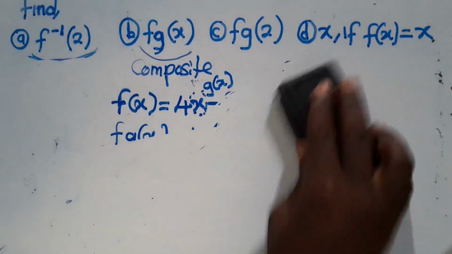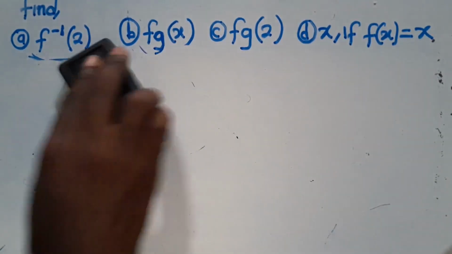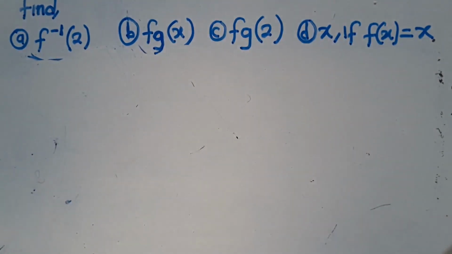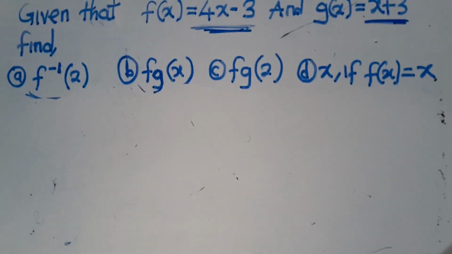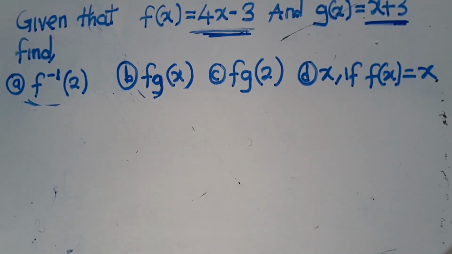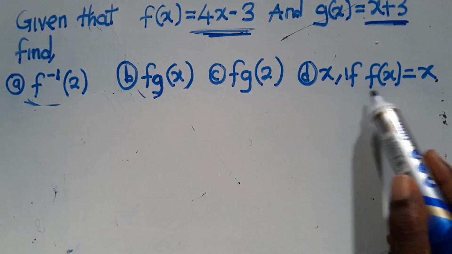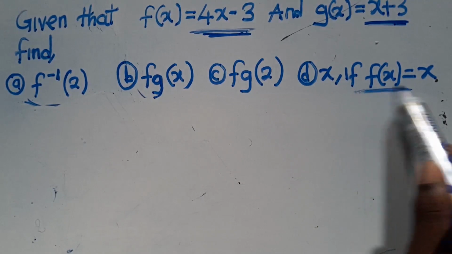Hope you are able to see how I'm answering these questions. If you are under my online lessons and you were facing some challenges on how to go about these questions, make sure that you revise through these particular questions. I move to the next question. This is the question here.